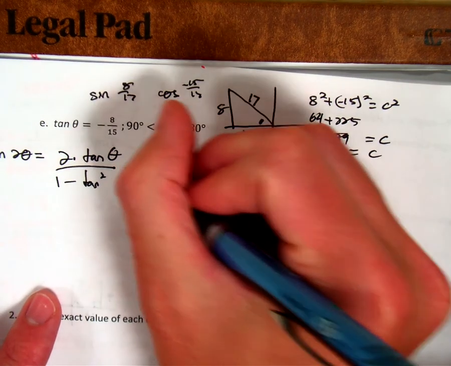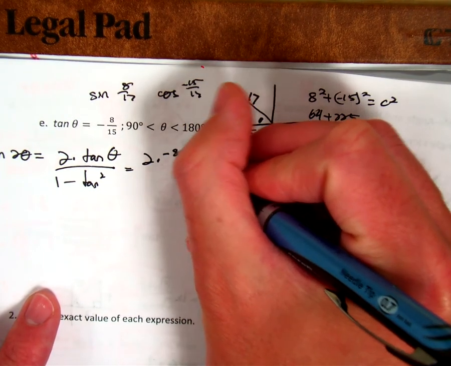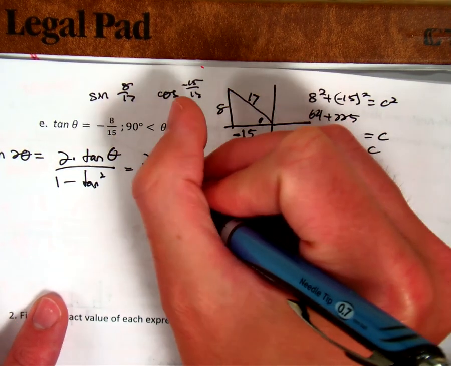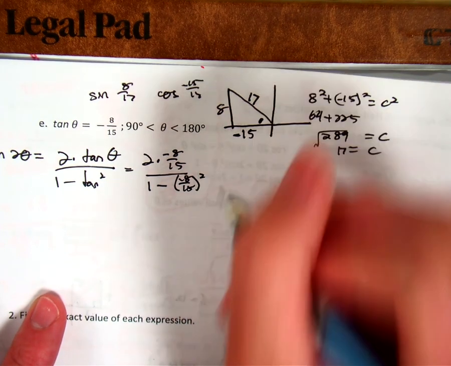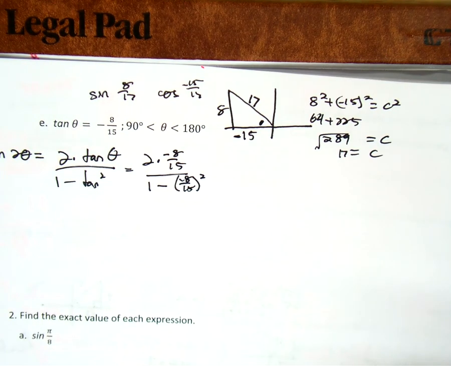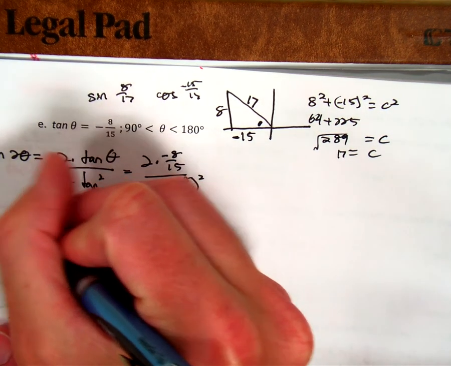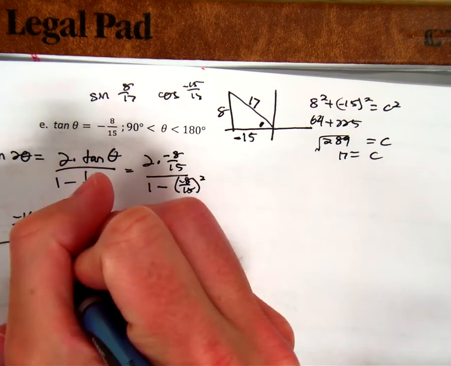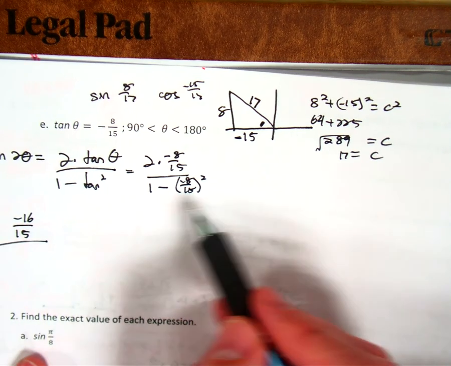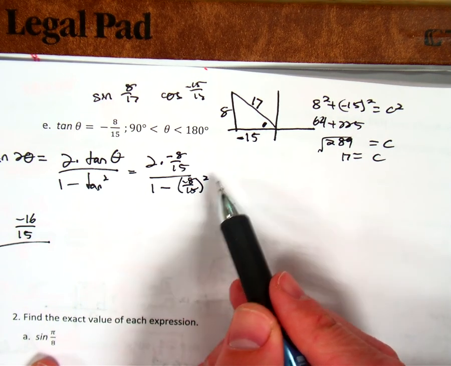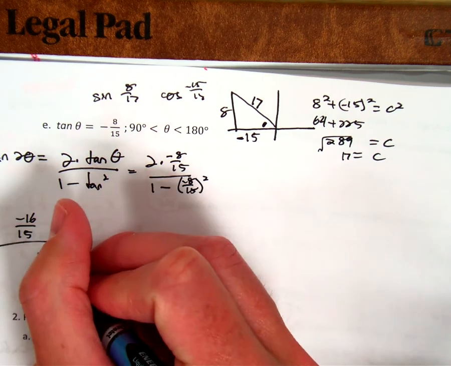Okay, so we have on the top 2 times negative 8/15 over 1 minus negative 8/15 squared. 2 times negative 8/15 is going to be negative 16/15 over, okay, so I'm going to leave this 1. We'll come back to this 1. Negative 8/15 squared is positive 64 over 225.